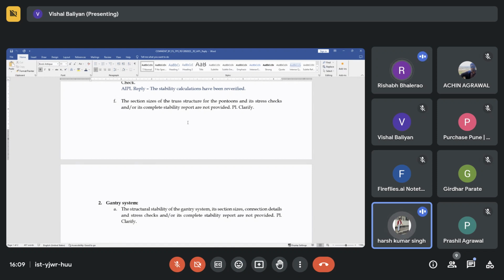Achin sir, Tejas sir said that he will discuss it with his management. After that, he will confirm to us about the TPI.